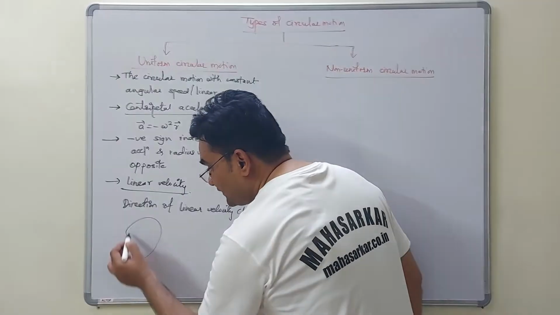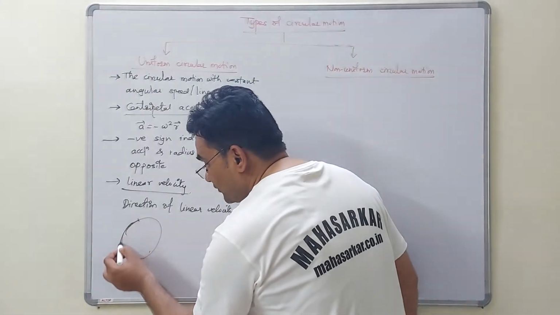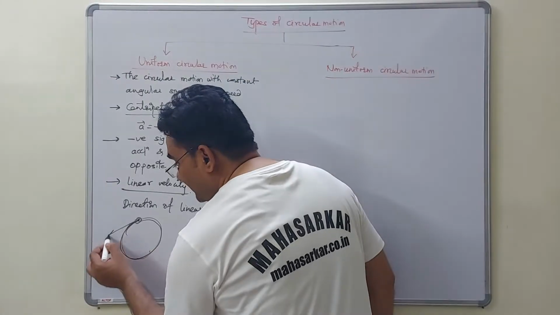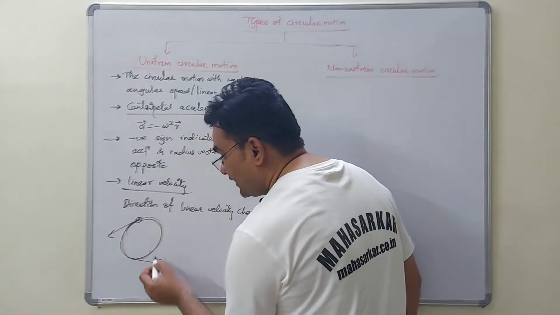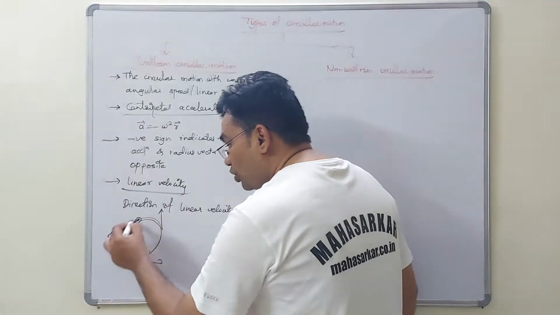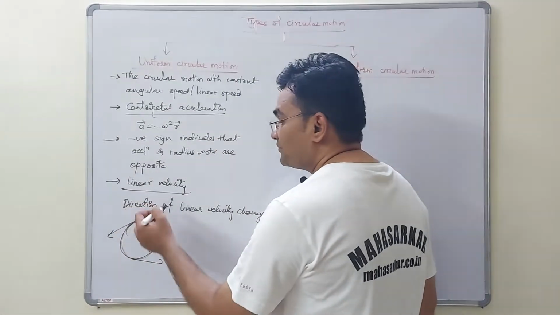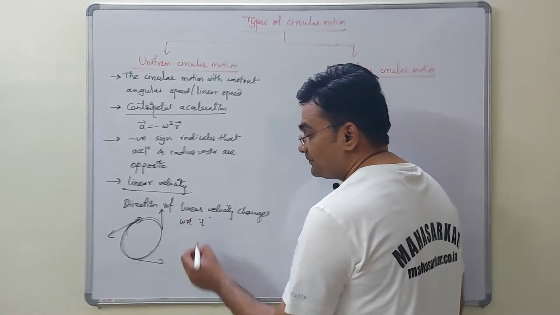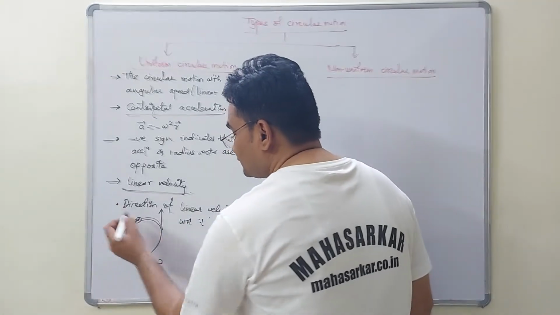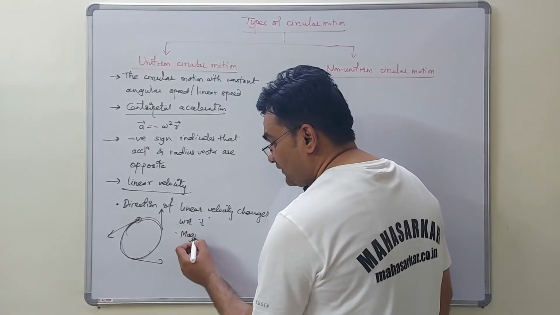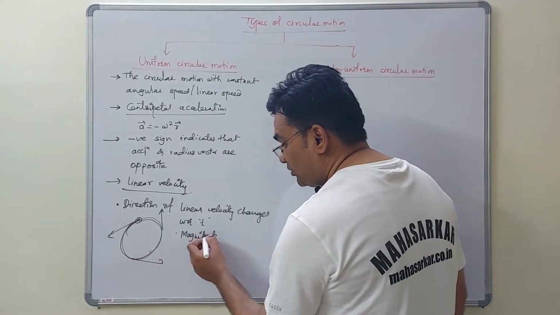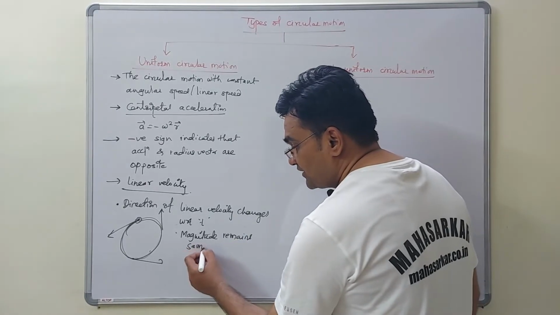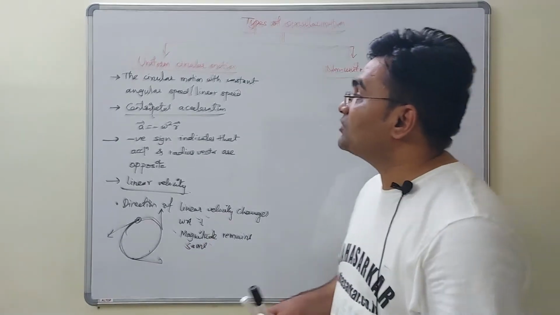For example, if the object is performing circular motion in a clockwise direction, here the direction of velocity will be like this, here like that, and here like this. Though it is rotating with constant speed, the direction of linear velocity changes with respect to time, whereas the magnitude of linear velocity remains the same.